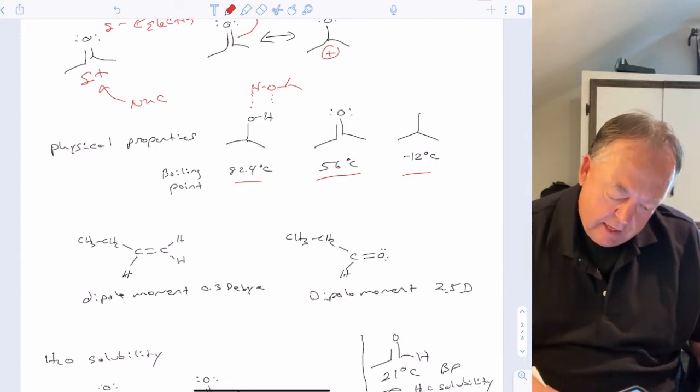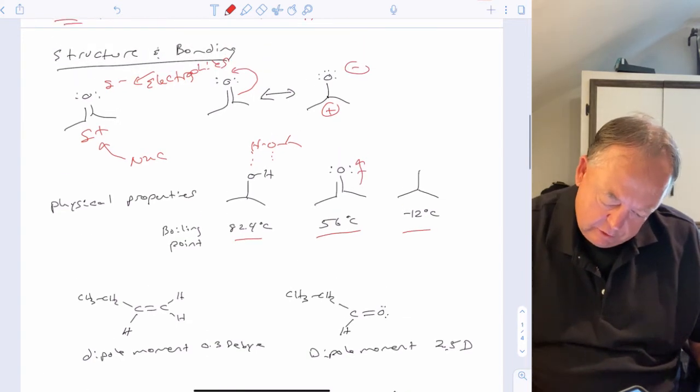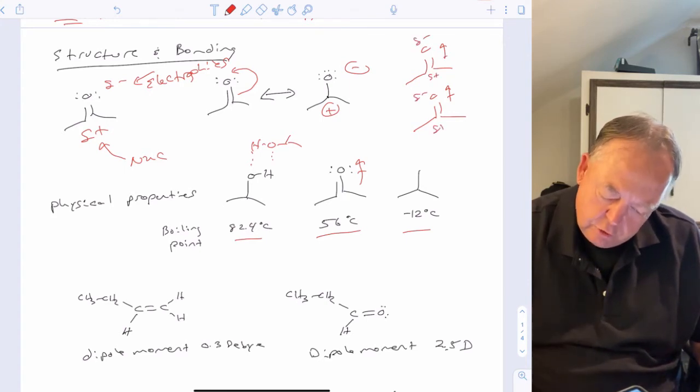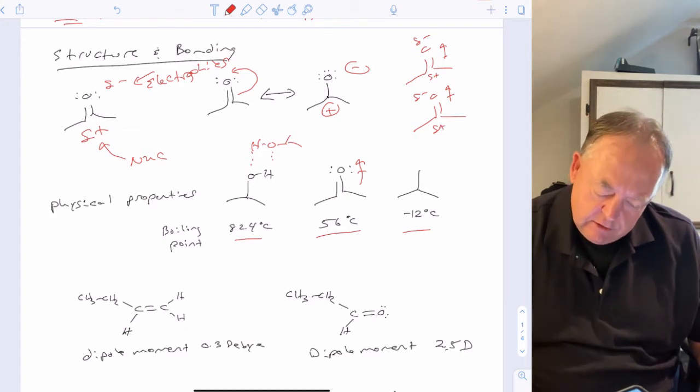In terms of the aldehyde or ketone, they have a dipole moment, right? So if you had 2 ketones or 2 aldehydes, then they would tend to align themselves like so in solution, so that you had a dipole-dipole attraction.